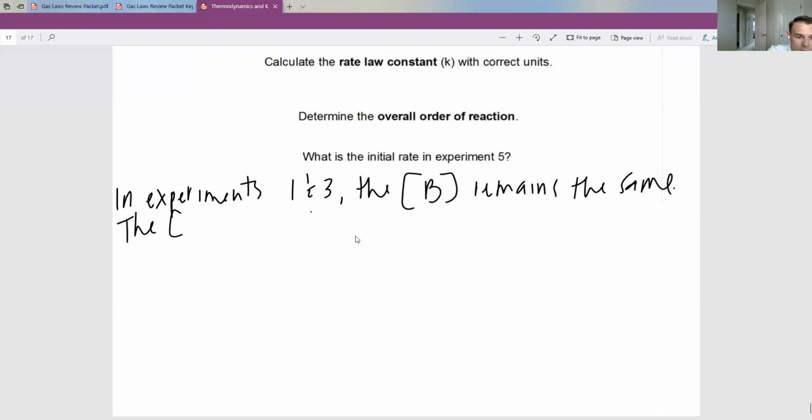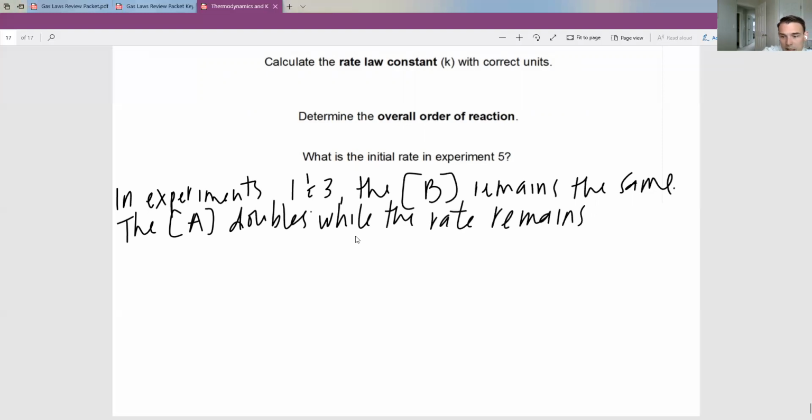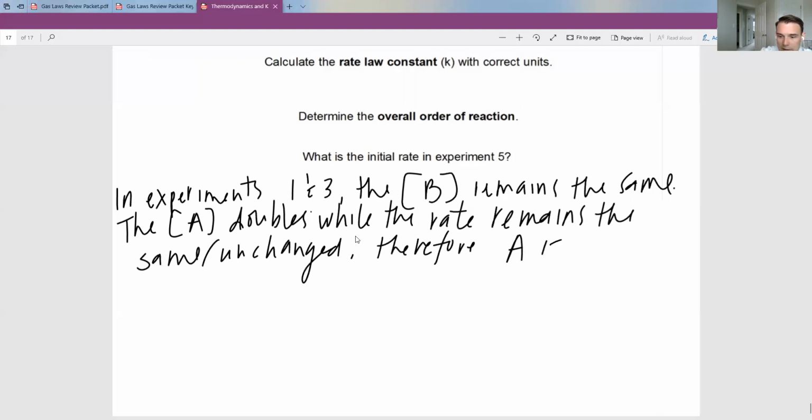Now we talk about how the concentration of A doubles while the rate remains the same, slash unchanged. Therefore, A is 0 order. That would be my justification. That's exactly what I did, and it's just explaining what those arrows are doing.